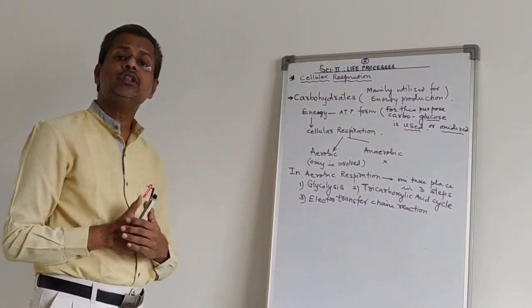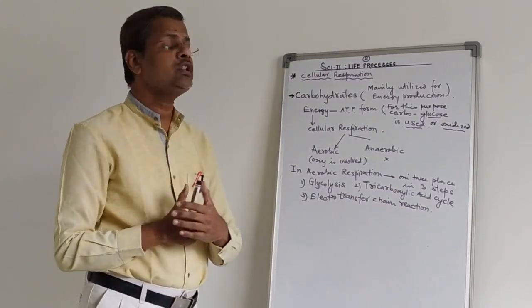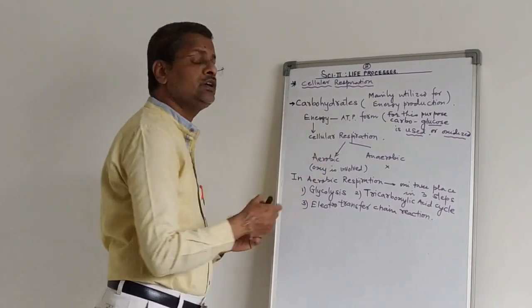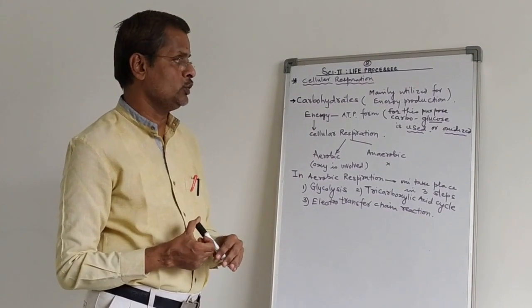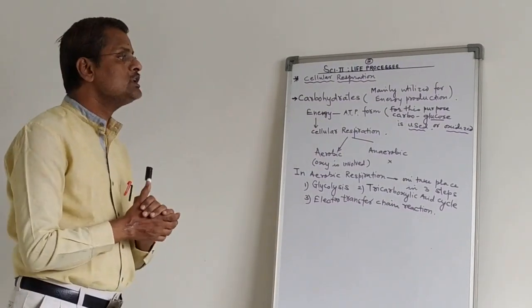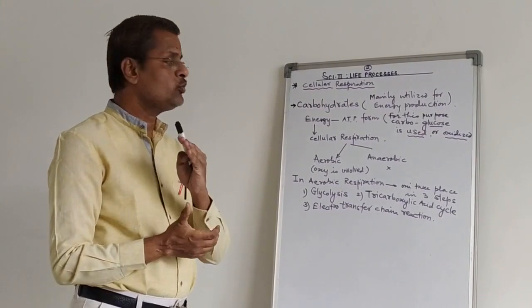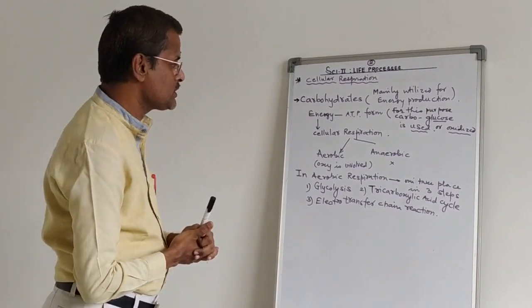During this energy production, the energy is in the form of ATP. What is that? ATP means adenosine triphosphate molecule. For this purpose, one main carbohydrate called glucose is used or oxidized.